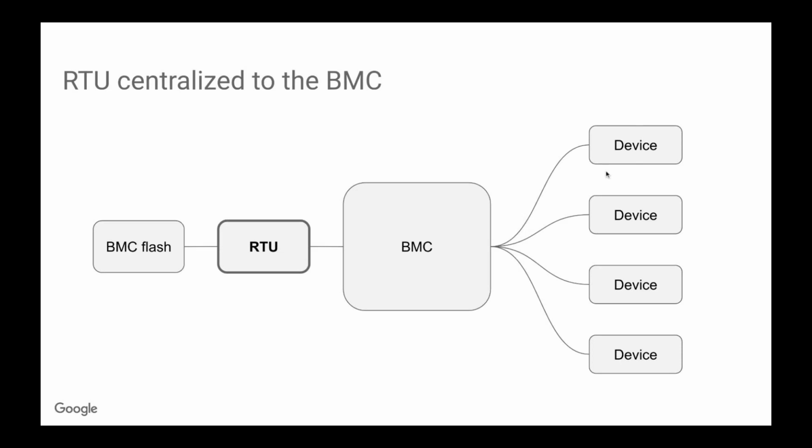We have a work stream active right now, flashless boot, where these devices can come with no flash whatsoever and can boot straight off of I3C from the BMC. So that means that really only the BMC has to boot from a flash chip, and ergo would want its own RTU. So these machines of the future are looking more like this, where the RTUs are centralized.